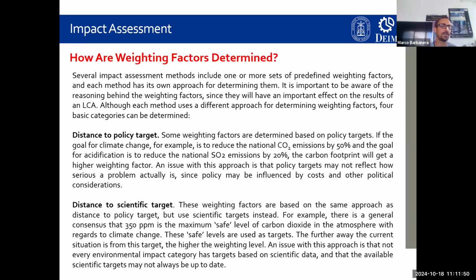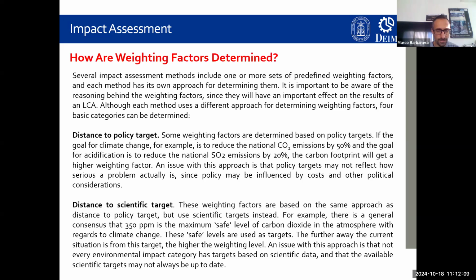As we can read in this slide, for example, there is a general consensus that 350 parts per million is the maximum safe level of carbon dioxide in the atmosphere with regards to climate change.